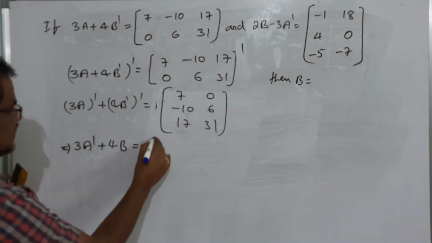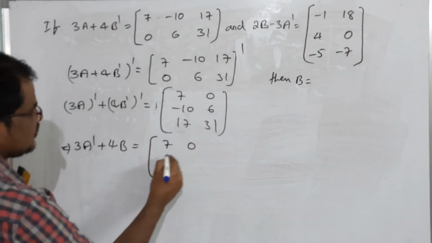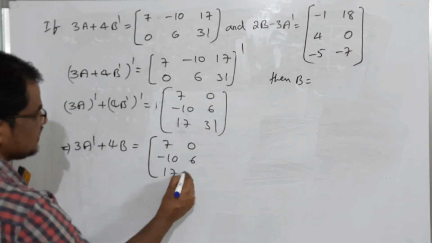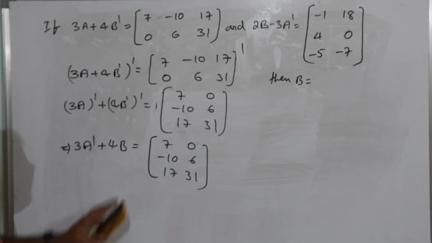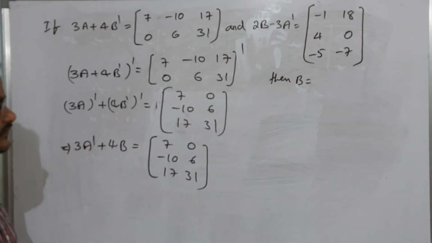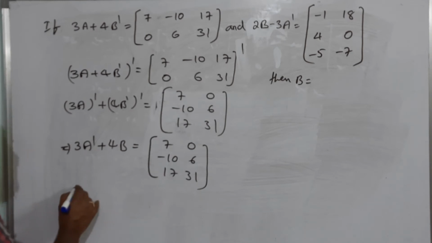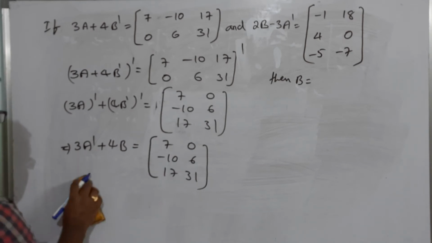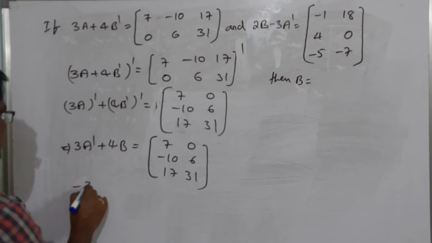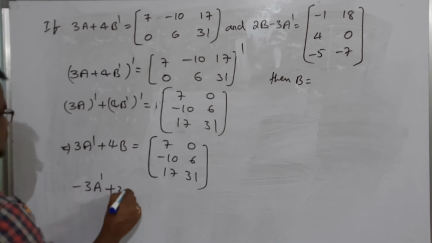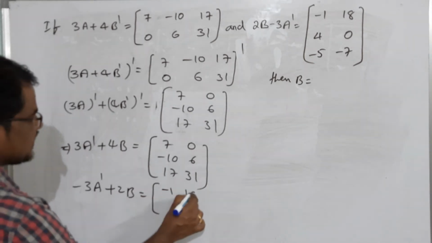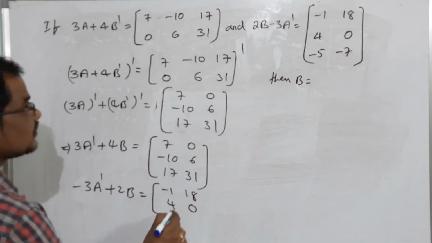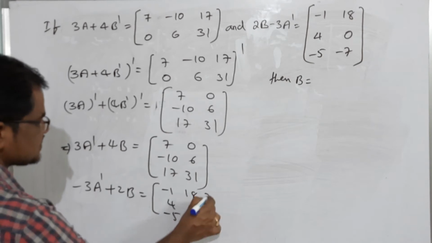Now we have to solve these two. The second equation is minus 3A dash plus 2B equal to [-1, 18, 4; 0, -5, -7].